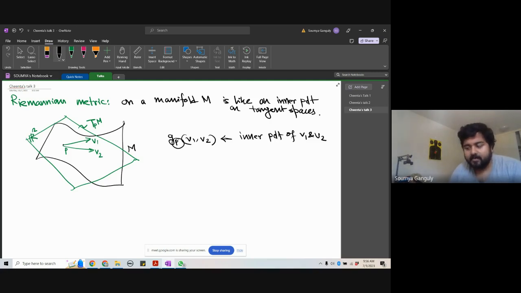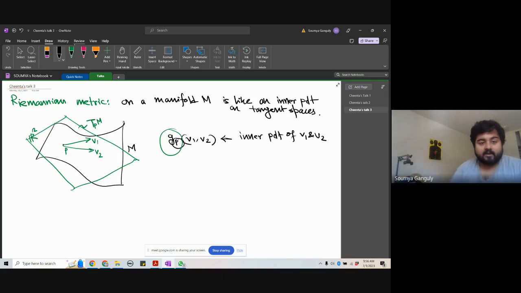That's our primary goal in differential geometry. So the idea is that this metric should be a differentiable function of 2 variables, as you can see, on the tangent spaces. We will try to make this a little more rigorous later. For now, you should just think of it as an inner product on the tangent spaces, and as you move through the tangent spaces, the inner product changes continuously. These things are not very rigorous, but pictorially, I think they might help you.